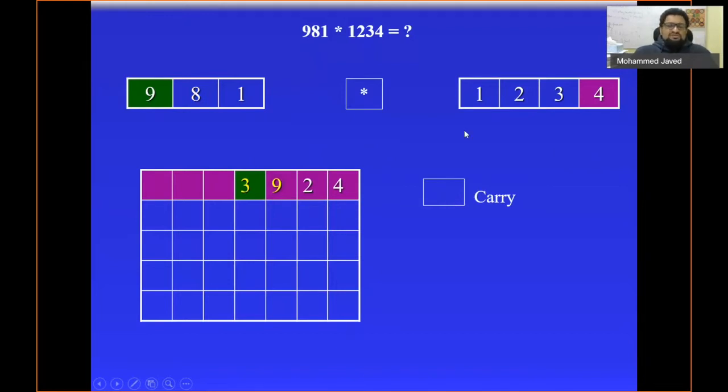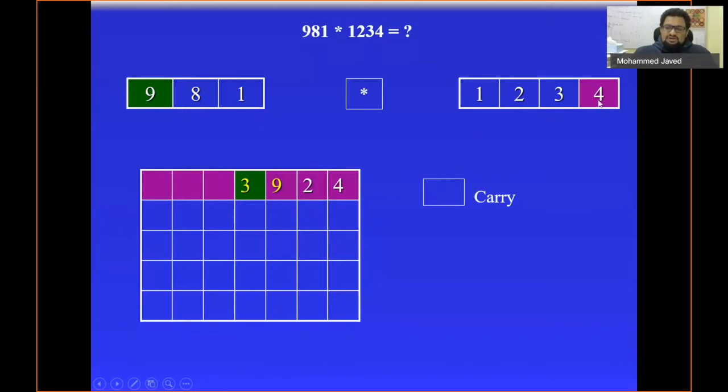So what is the next step? In the next step, the green pointer will be reset to the starting location, whereas the pink pointer will move to the next position, position number 3.